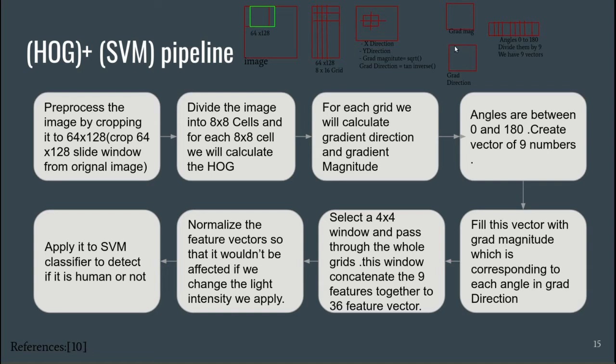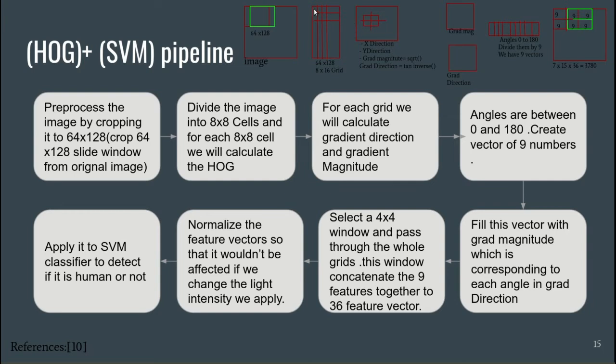Let's say in this part we have an angle of 20 degrees. Then I will see the corresponding value in the gradient magnitude. Let us say it's 2. Then I will put the value 2 here, and so on. And then I will have this for the window, for the image I have.